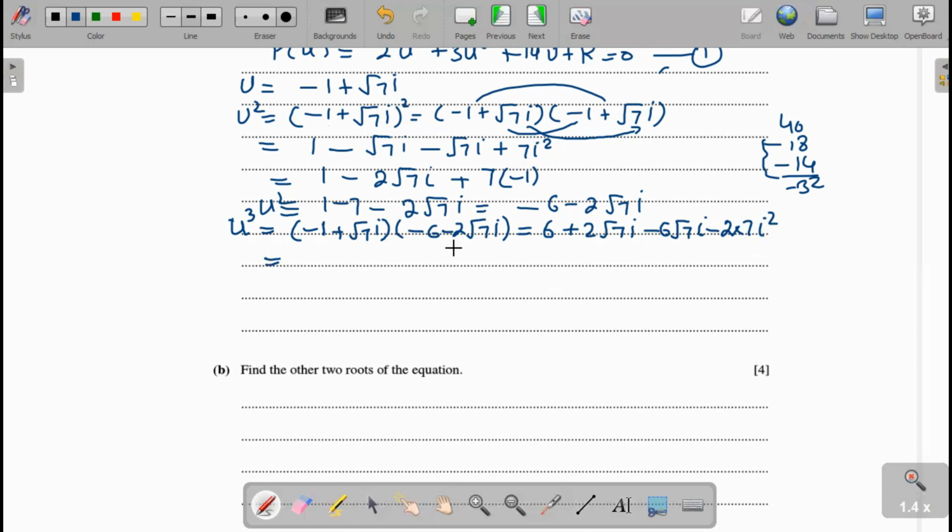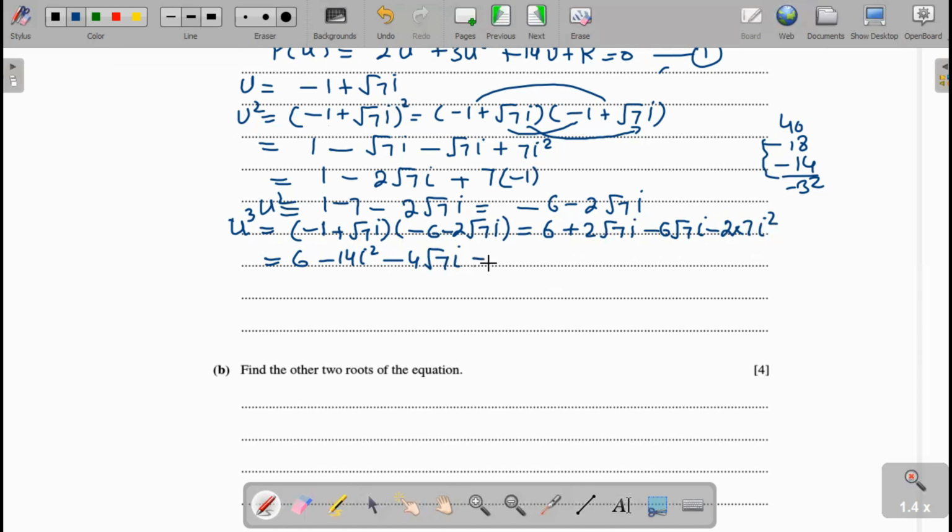Therefore 6 minus 2 times 7 is 14 i squared, and the square root terms combine to -4 square root of 7i.